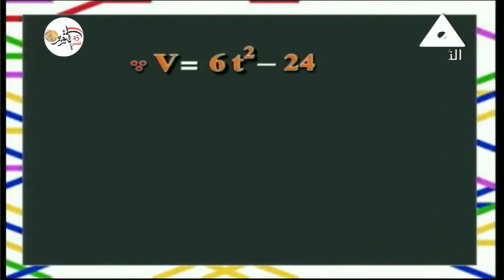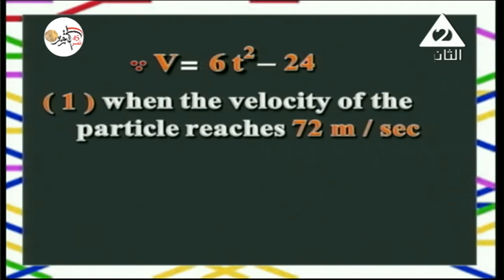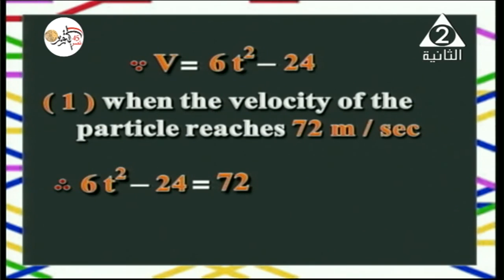We have the relation v equals 6t squared minus 24. What is required? When the velocity of the particle reaches 72 meters per second, then 6t squared minus 24 equals 72.